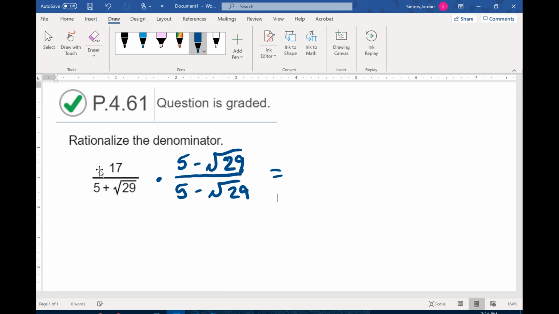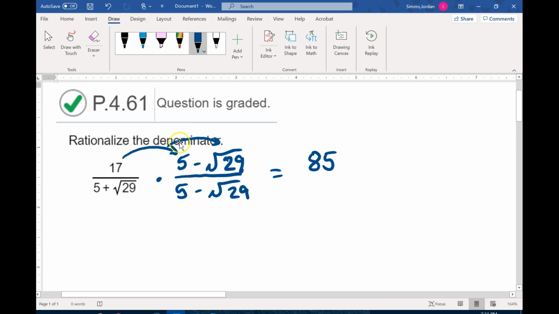So let's multiply. Now up top we have a one term multiplied by two terms, so we have 17 times 5, which is going to be 85. And notice what happens here. 17 times negative root 29. Well, the 17 is a whole number. Root 29 is an irrational number. They're two different species of numbers, and they don't really interact.